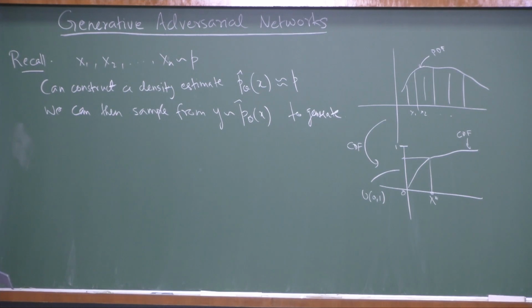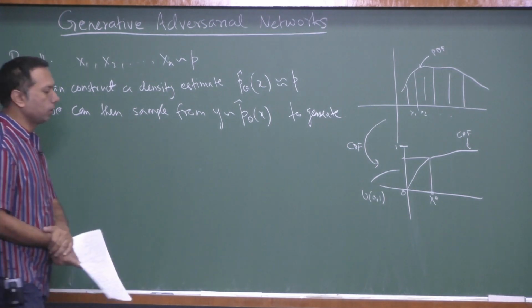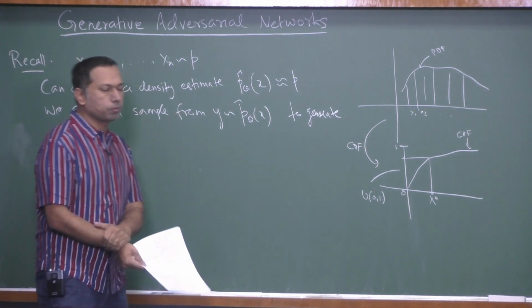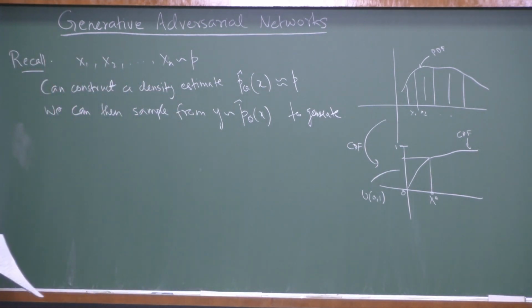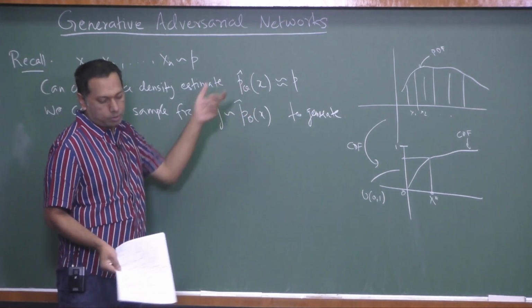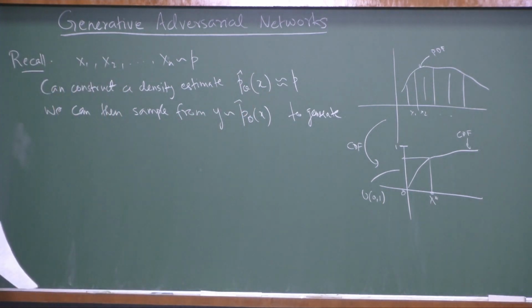Let us say I have a P, and my approximation is P theta, and what are the good ways to measure the distance between them? And with this measure, I will derive an algorithm to find a good P theta itself. Okay, so that's why I call it a top-down approach, but they are related.